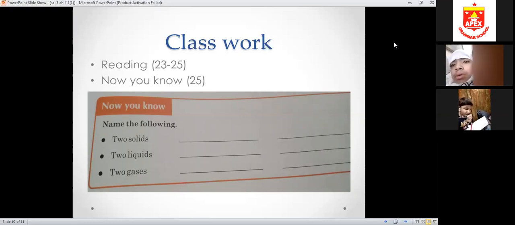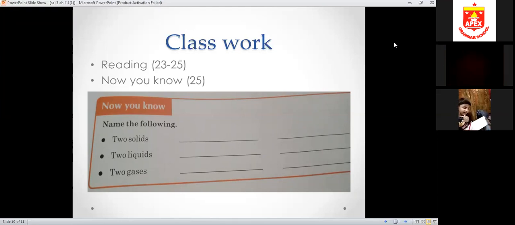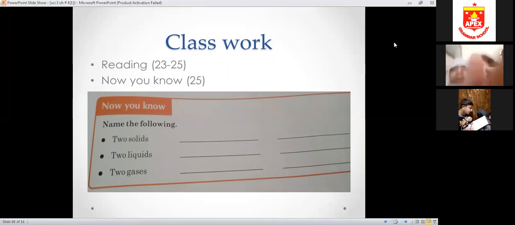These gases cannot be seen. They do not have a definite shape. They take the shape of the container.